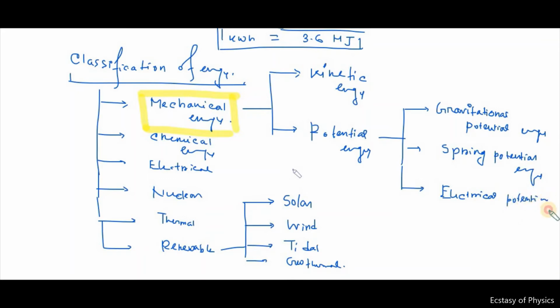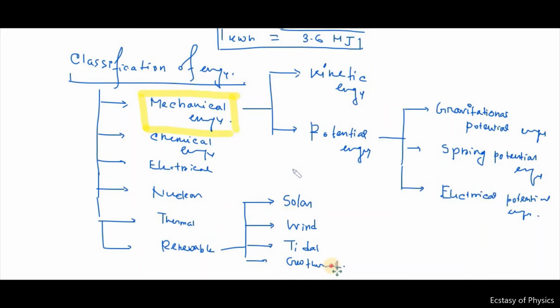However, this electrical potential energy is a main part of AP Physics 2, but we have it slightly in our sections, that is the electrostatics, under which we'll have small discussions on electrical potential energy as well.